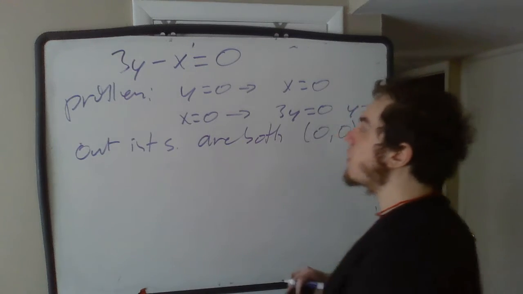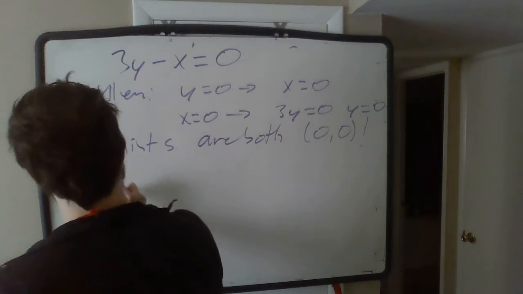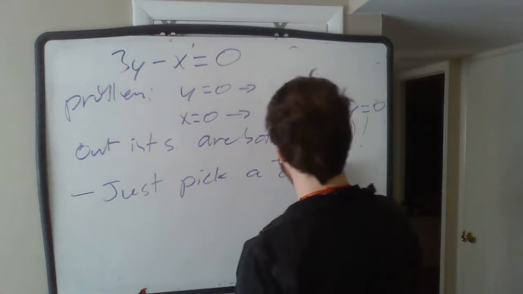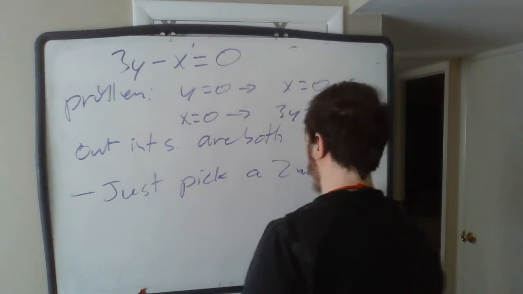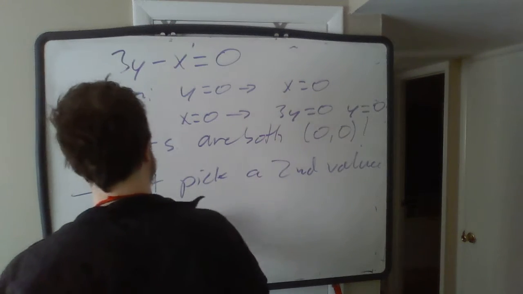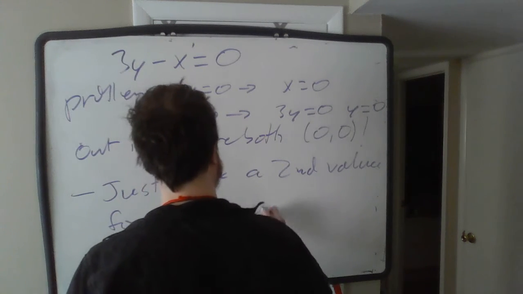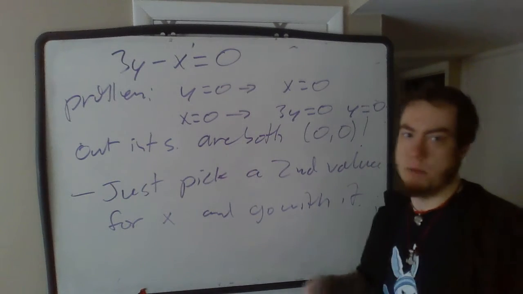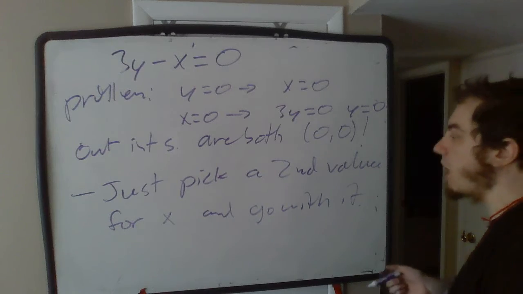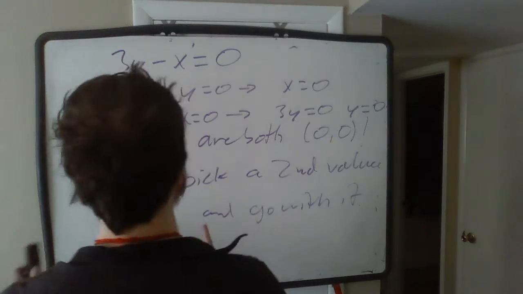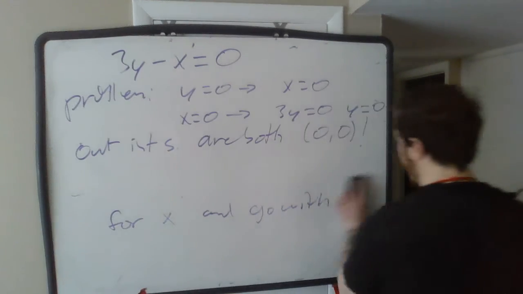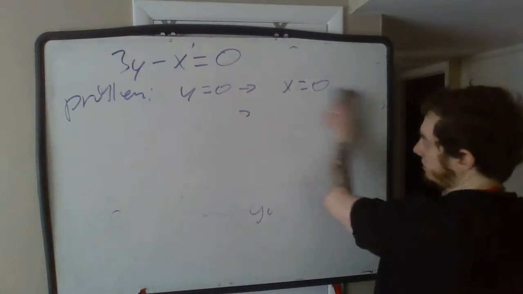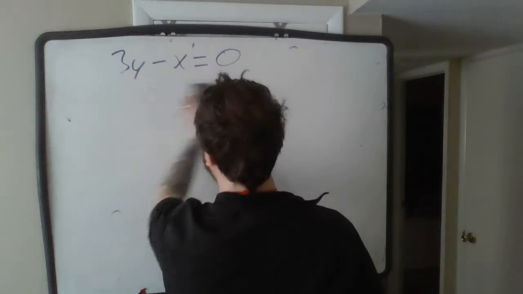Well, what I can do is just pick a second value for x and go with it. You know, we pick one at random. Doesn't really matter what. So, for example, in this particular case, I'm going to erase this down here because I want to leave this problem at the top here and work this out.